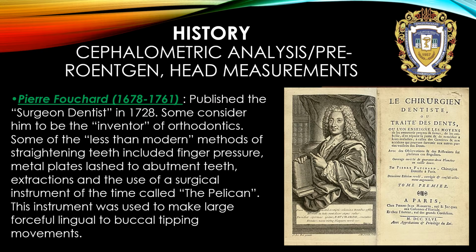Some of the less than modern methods of straightening teeth included finger pressure, metal plates, lashing to abutment teeth, extractions, and the use of the surgical instrument of the time, called the pelican. This instrument was used to make large palatolingual to buccal tipping movement.